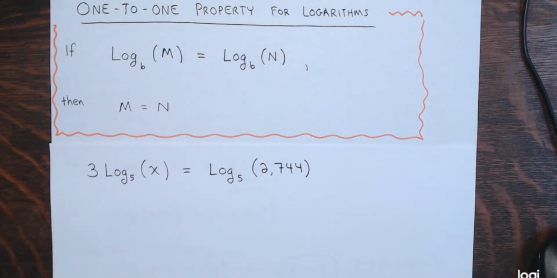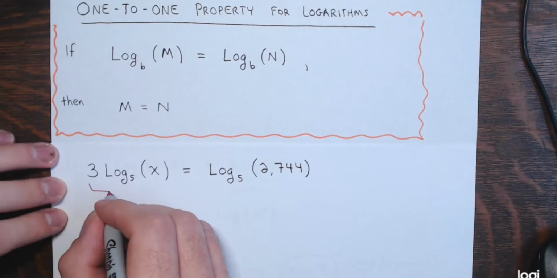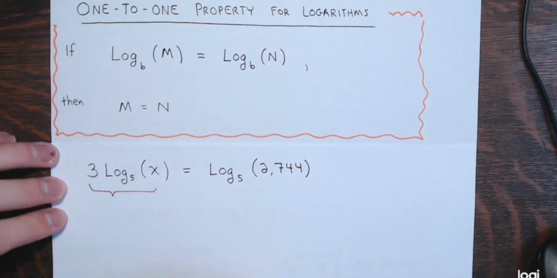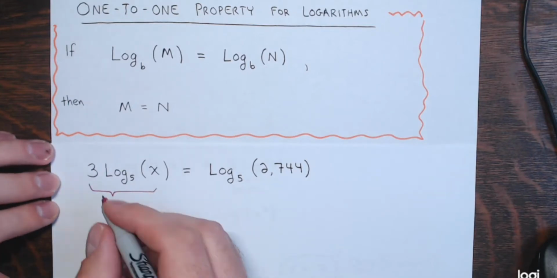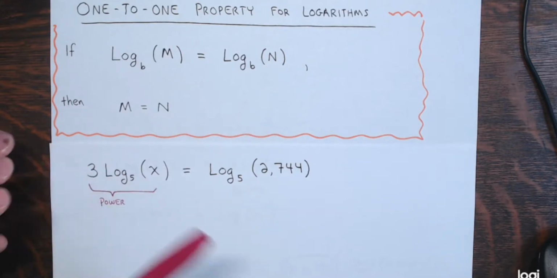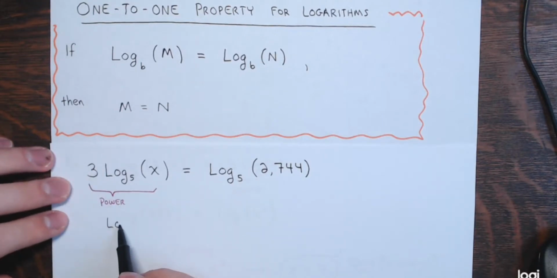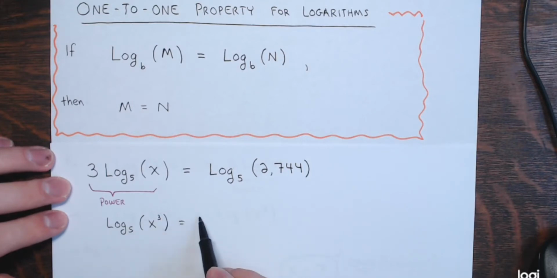So just like the last question, in order to get this side to be a single log, I'm going to use that power property. So I'm putting the 3 inside, and then we have the log base 5 of x to the third power equals the log base 5 of 2,744.